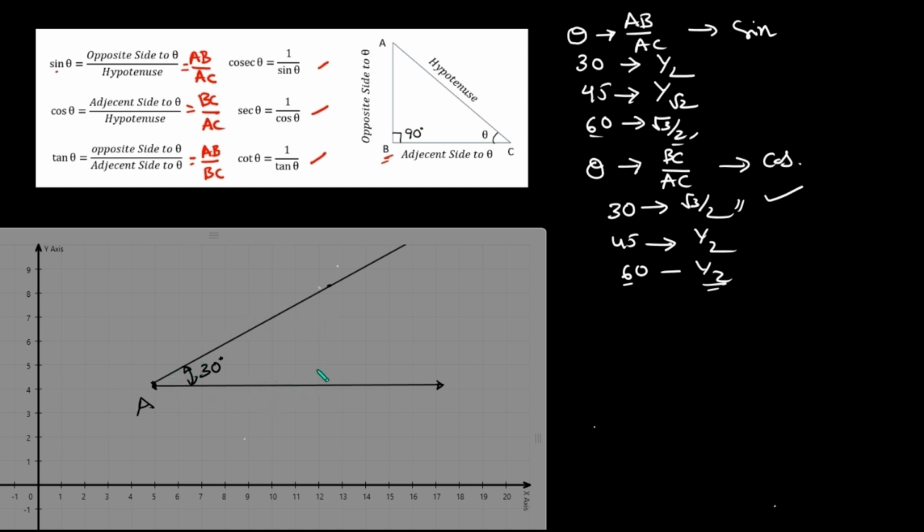So let's draw a vertical line anywhere. It won't change these ratios, whatever the size of the triangle. You can draw the vertical line at any place using the protractor. Let me draw it here, something like that.